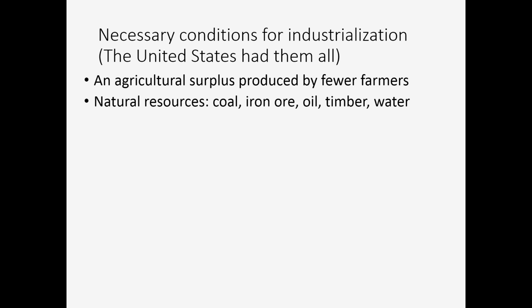The U.S. had all kinds of natural resources, which are, of course, necessary for mass production, and also a sufficient workforce. And immigration provided this. For most of American history, immigrants were valued. They weren't always treated well.